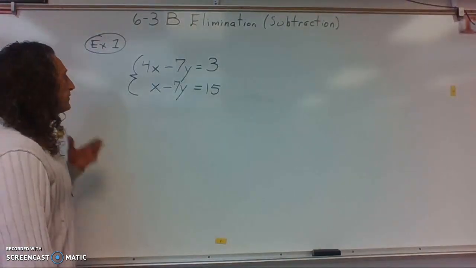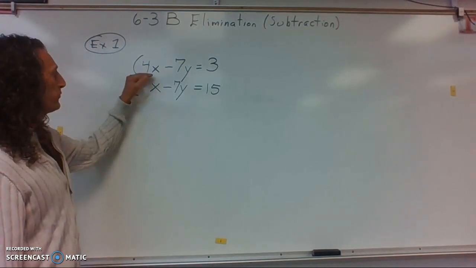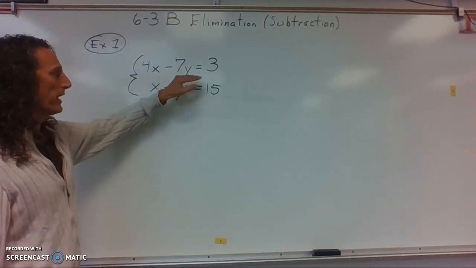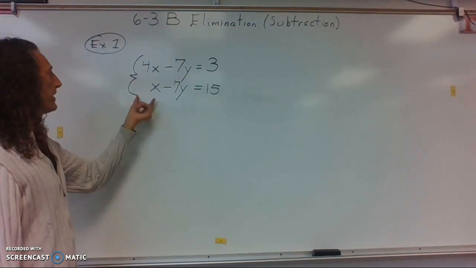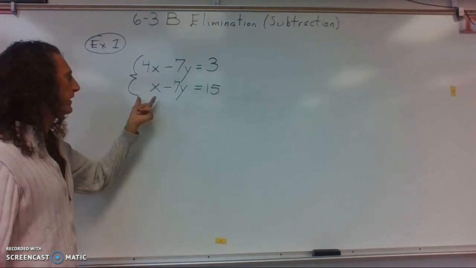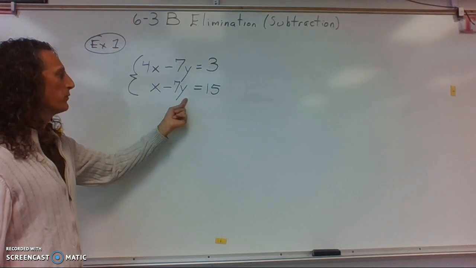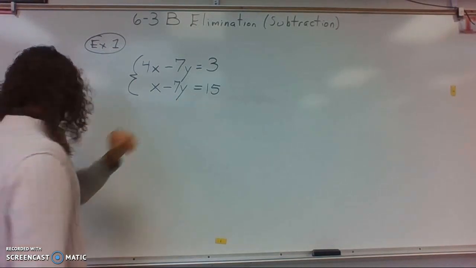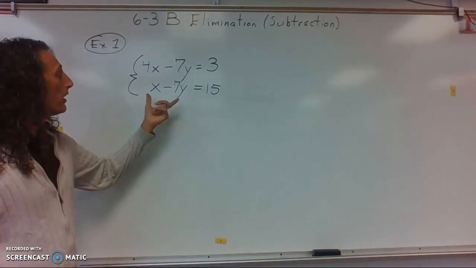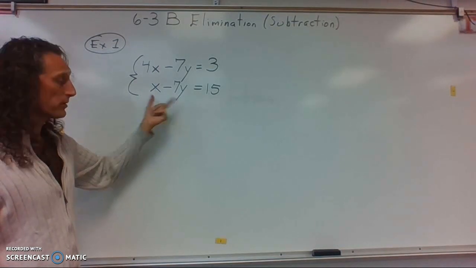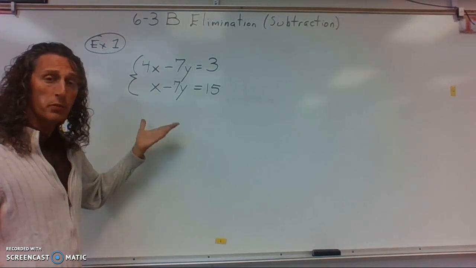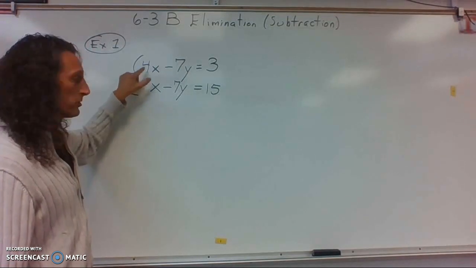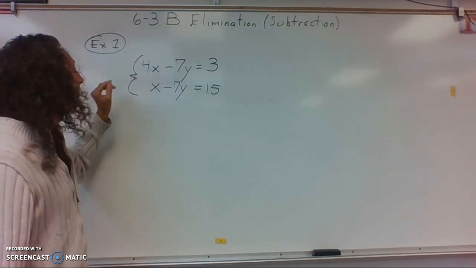Here's our first example. It says 4x minus 7y equals 3. And then we have an x, which means 1, so 1x minus 7y equals 15. That's our system. What you've probably noticed is the x's are completely different. That's fine.